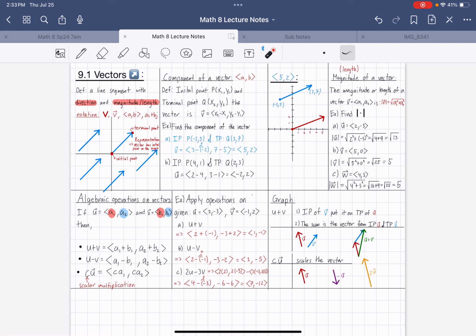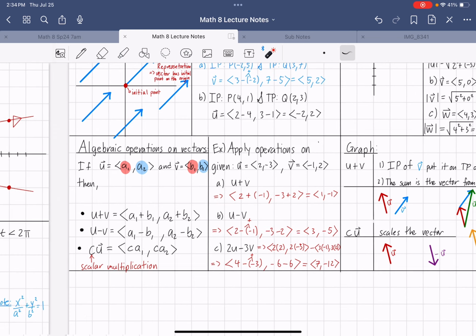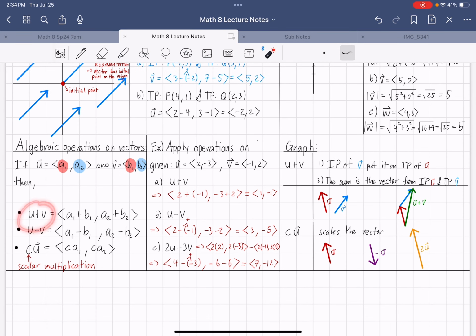And we can introduce another notation that involves cosine and sine. And then we'll move on to what the multiplication between two vectors looks like versus this scalar multiplication, a slightly different type of multiplication. And that's going to be known as a dot product. But that's going to be our 9.2.